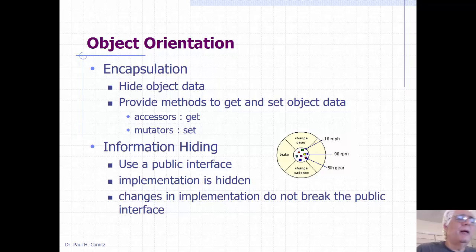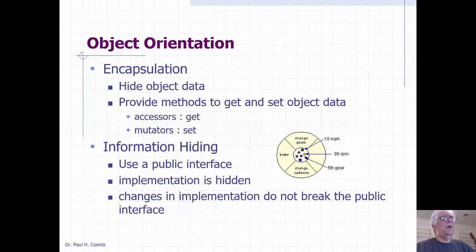Let's talk a little bit about some of the key, not all, but some of the key features of object orientation and object-oriented programming. Two of those features are this idea of encapsulation and this idea of information hiding.